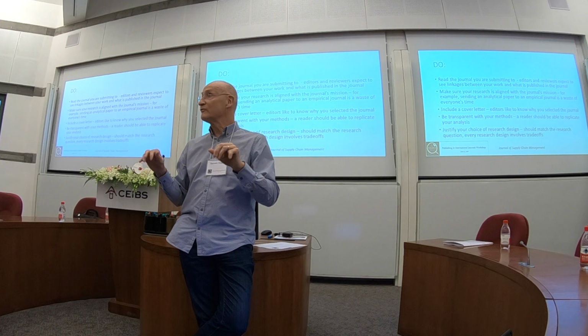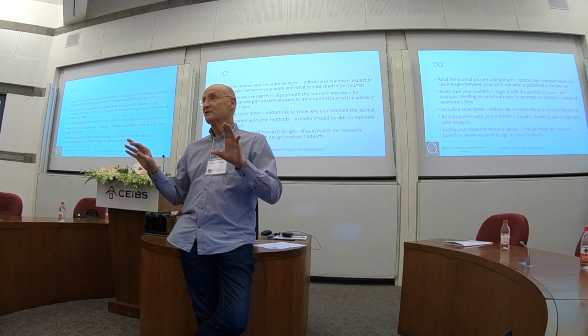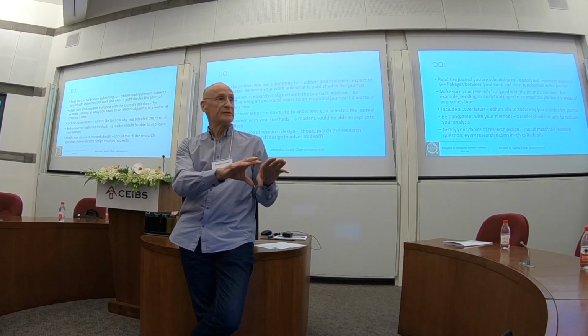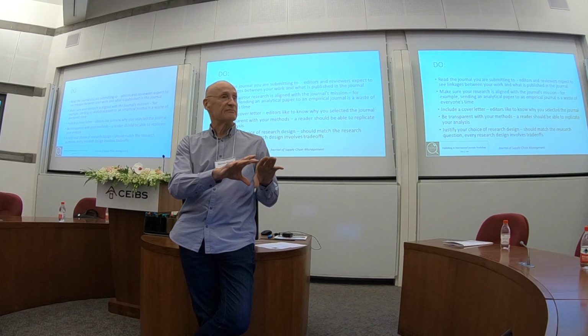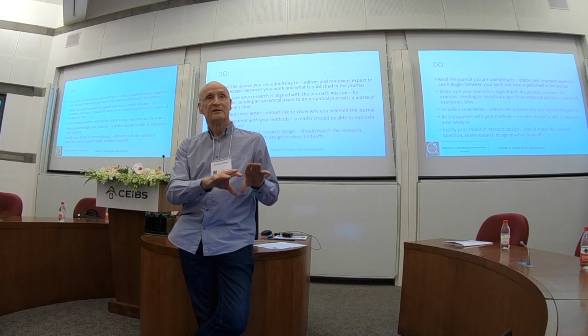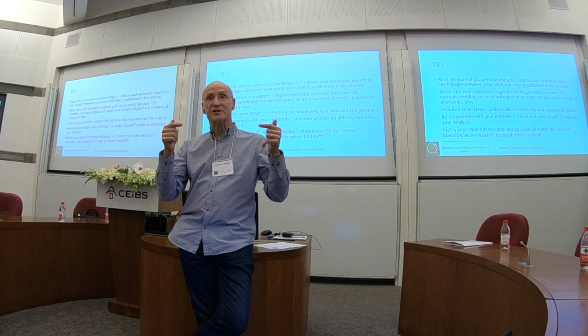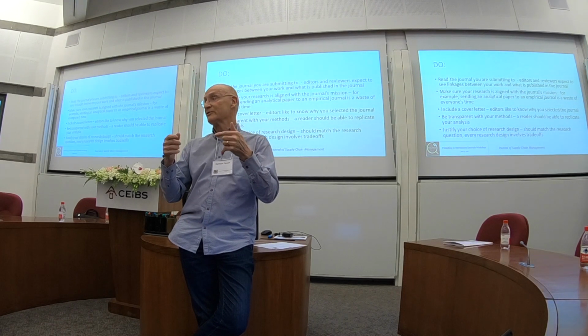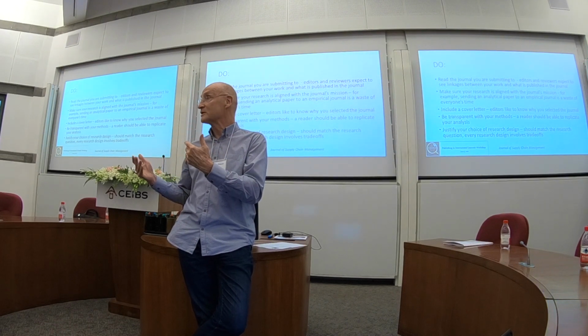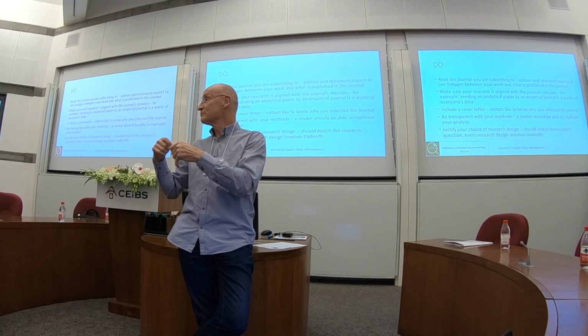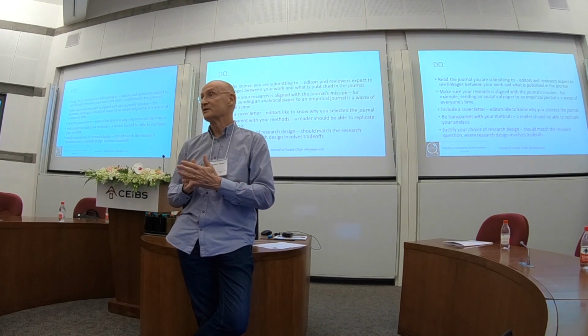So if you're vague about those things, not a good idea to be going down the path of a positivist research method if you can't create a very strong argument a priori for the fact that these relationships may or may not exist, and that the theory should provide a good explanation of that.